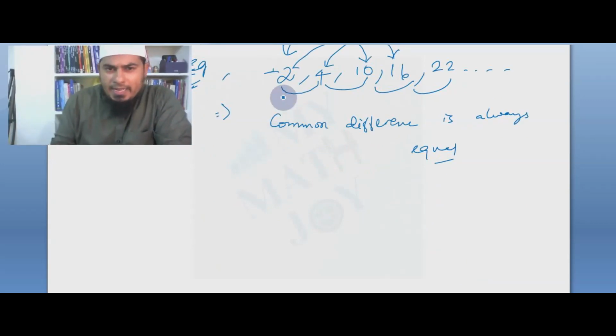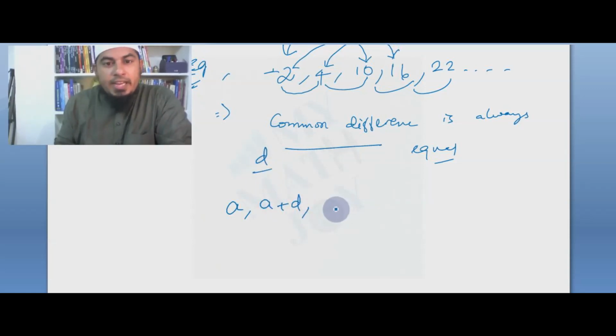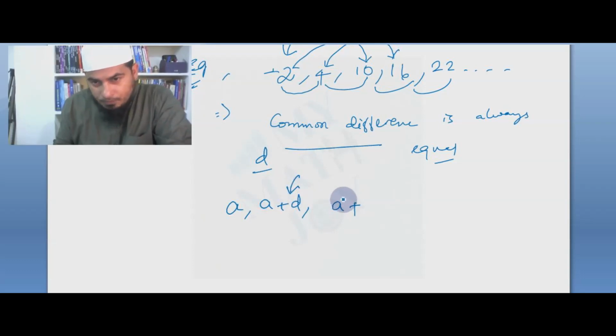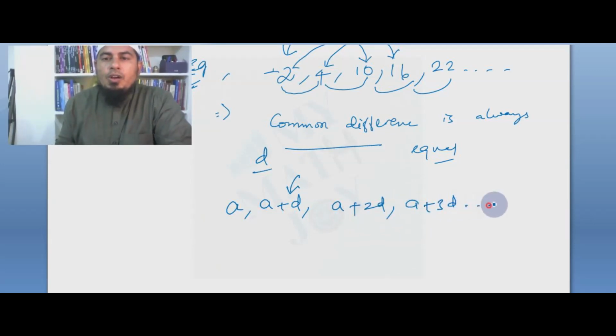Let us understand with the help of the standard form. Let us fix the first term as a. I want to add the common difference everywhere. So a is added with d, and I get the second term, a plus d. Adding d again, you will get a plus 2d, and d added to this term gives a plus 3d, and so on.